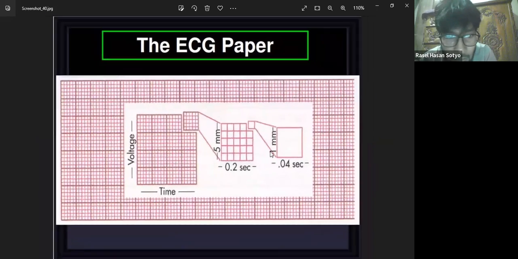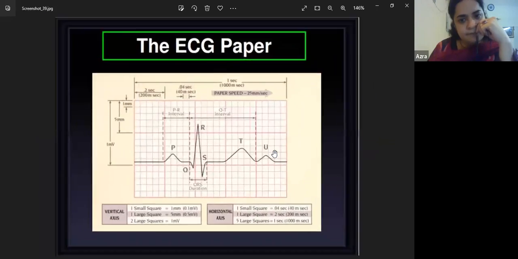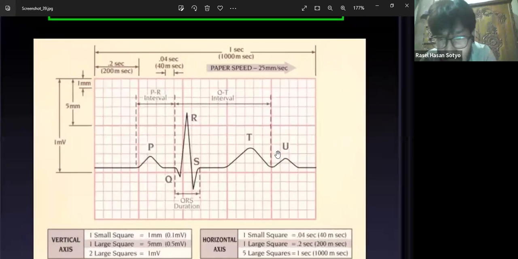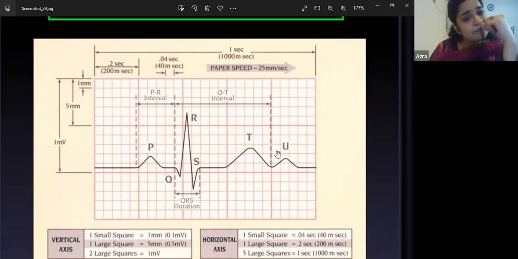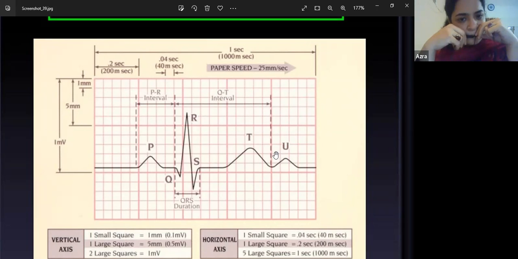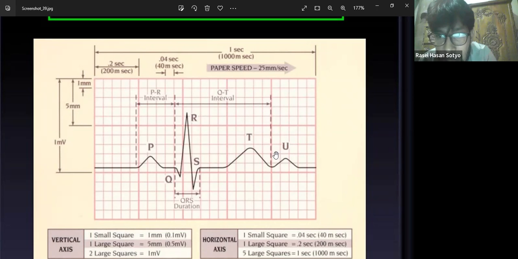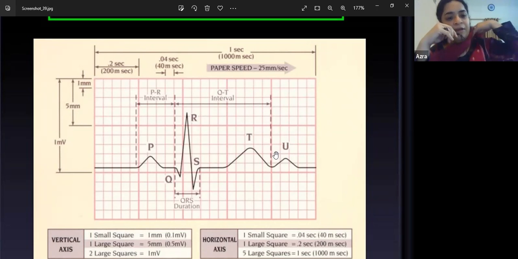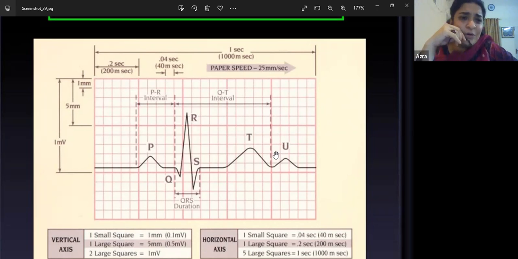Ma'am, I have a question. How can we understand the paper speed of the recorded ECG? Paper speed is very important in the ECG.